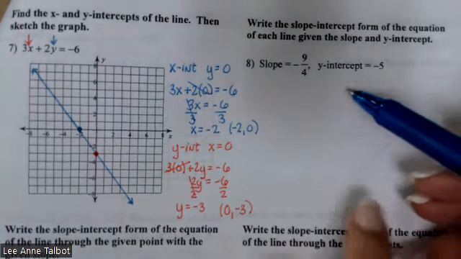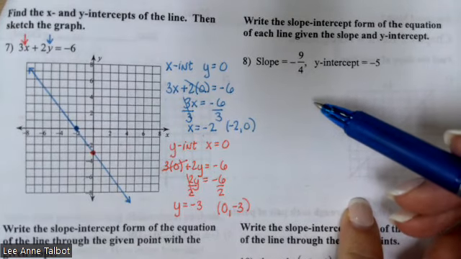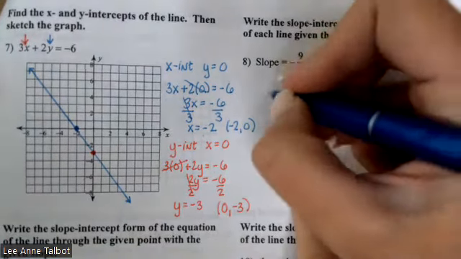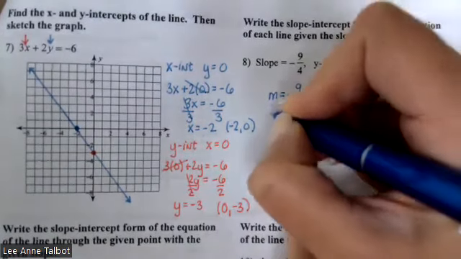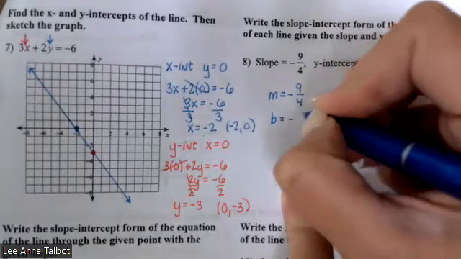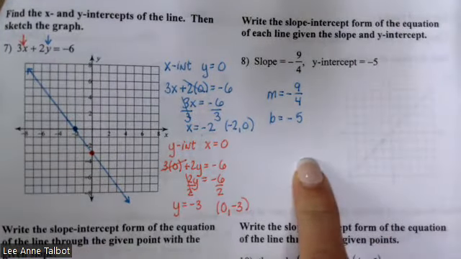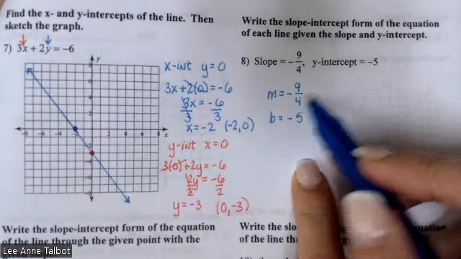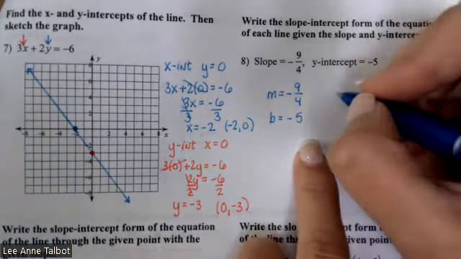Now, this problem, I don't really know why it's here. So slope is the letter M. Y-intercept is the letter B. Maybe that's why it's here. I don't know.